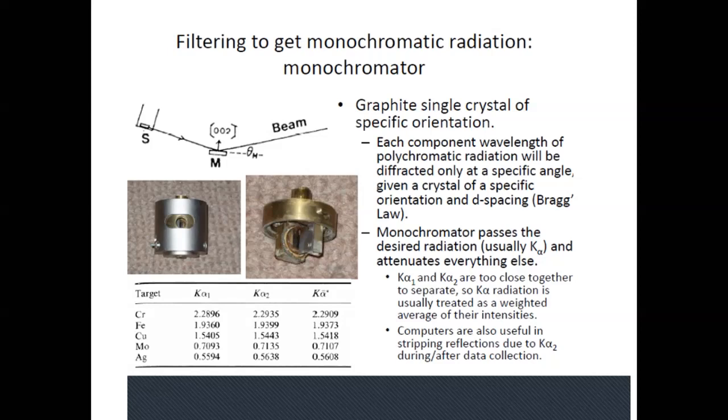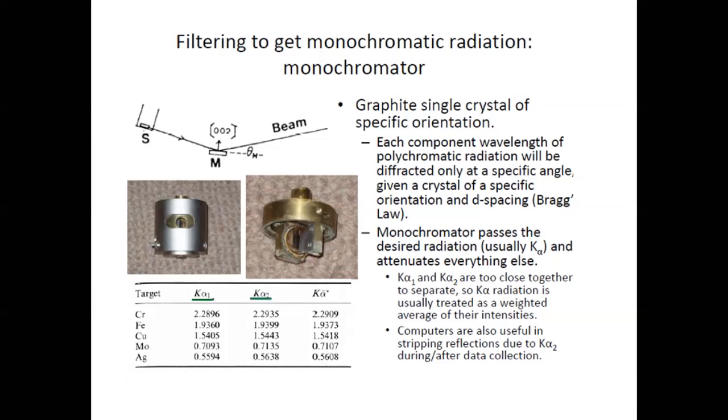We adjust what's called a monochromator, which usually contains a filter on it to remove the K beta, and we adjust it so that it only allows a particular wavelength to pass through. And so here you can see that we have K alpha 1 and K alpha 2 that's allowed to pass through.